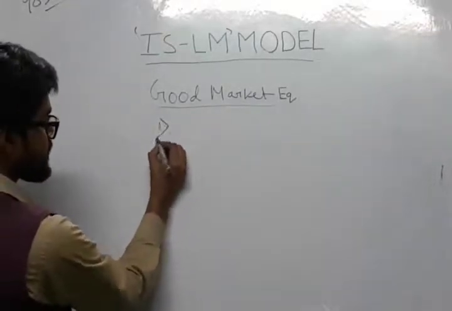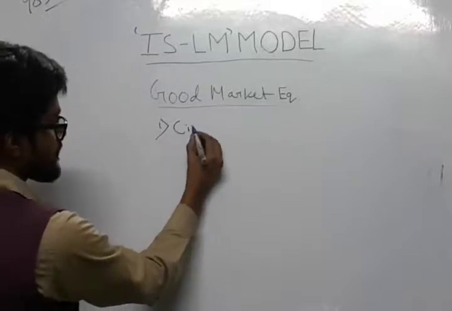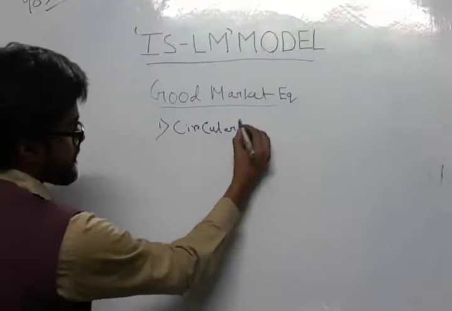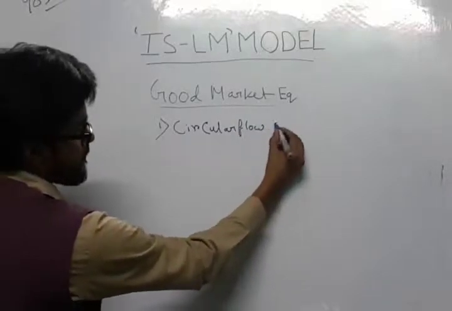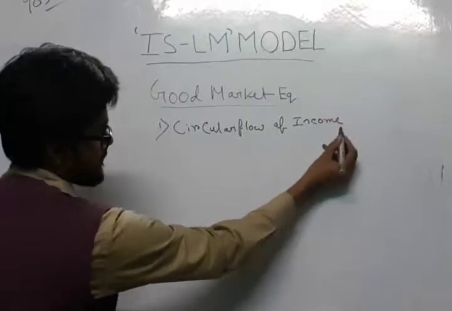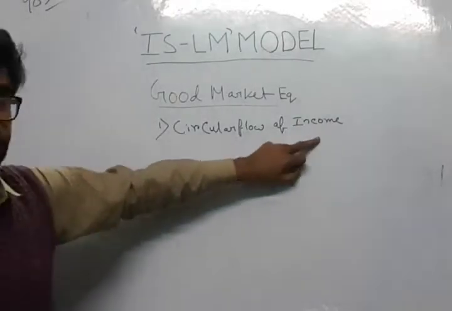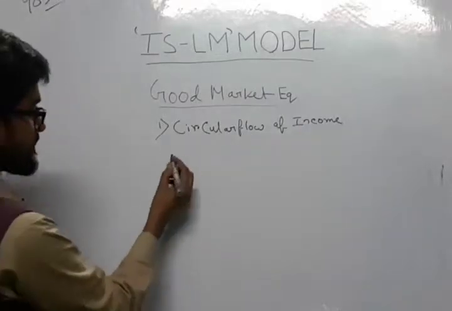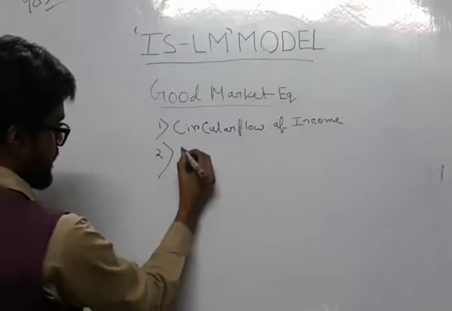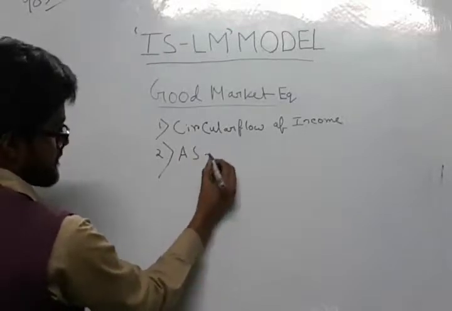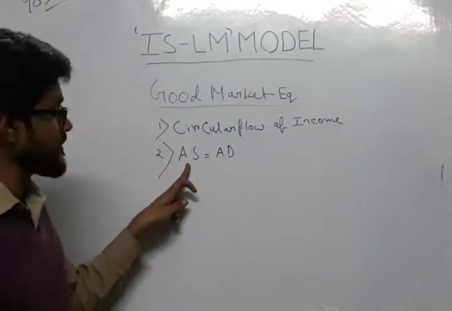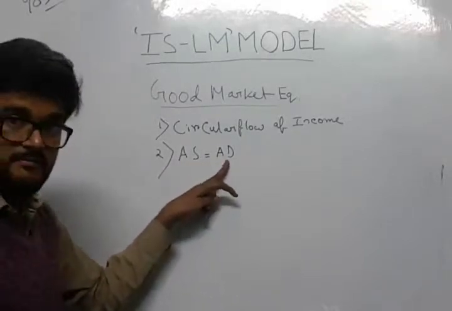One is the circular flow of income, and the second thing is that the aggregate supply curve must intersect with the aggregate demand curve.